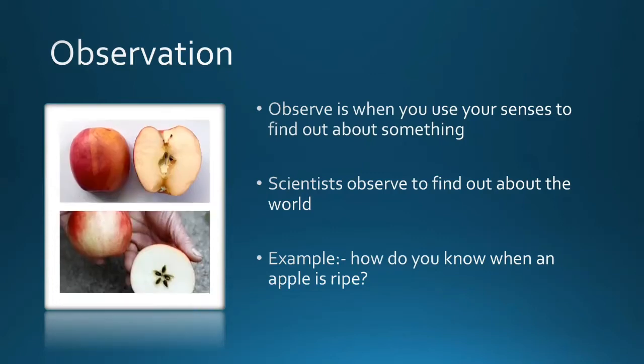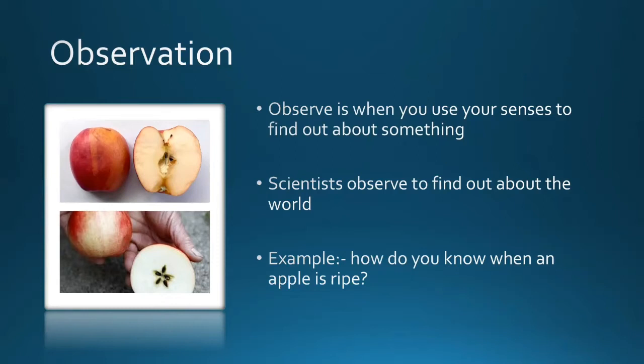Look with me here in this picture. What can you see? You can see an apple here. Okay, let us observe the apple together. How can you observe? You can observe when you use your senses. How many senses do you have? You have five senses. Okay, why do you want to observe? To find out about something.